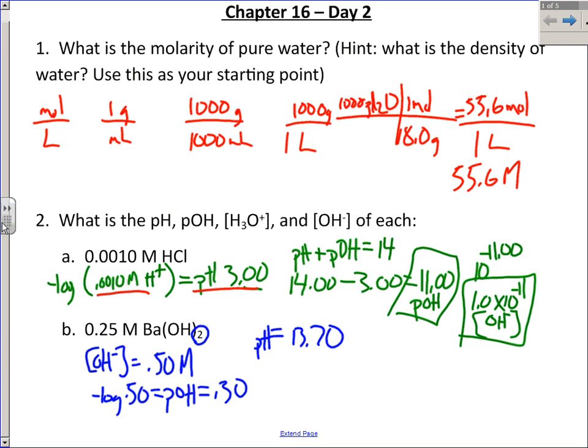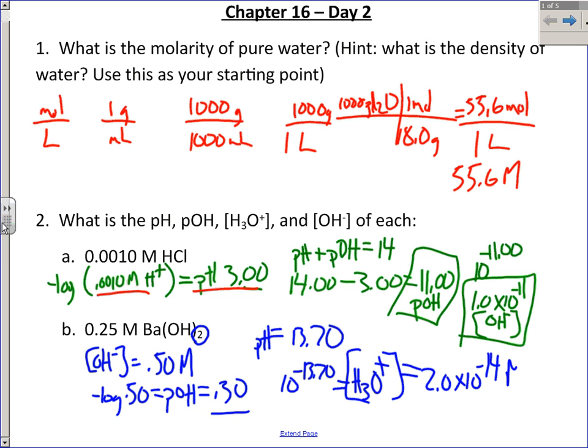So remember, it's just 14 minus 0.30. And if I take 10 to the negative 13.70, I would have the H+ or H3O+ concentration, which in this particular case is going to equal 2.0 times 10 to the negative 14th molar. So those would be my four values for Ba(OH)2.